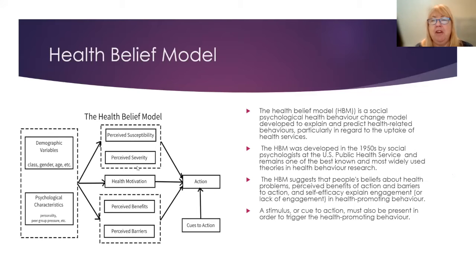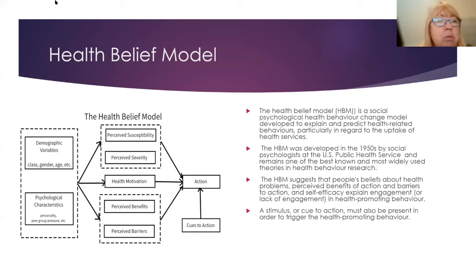Okay, so the first model that we're looking at is what is known as the health belief model. As you can see, it's got a little chart there, tells you about the different people who are involved, the demographic variables. Demographic variables means class, gender, age, sex, maybe.